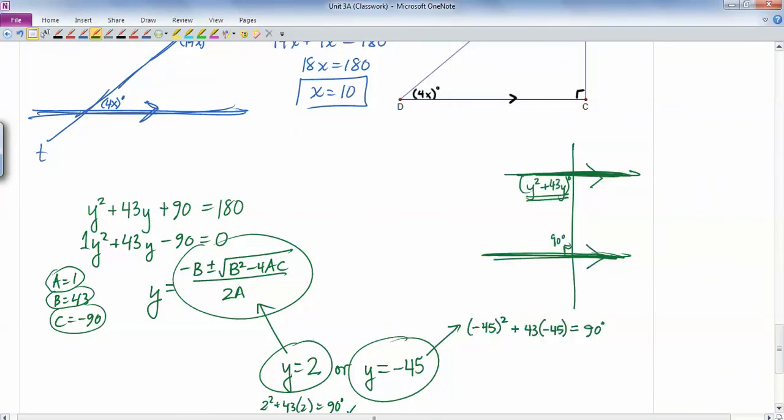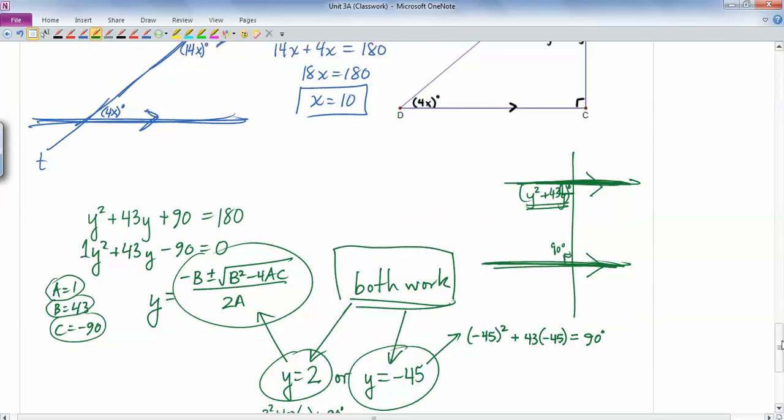So that actually means both of these answers work. So you actually get two different y values for this problem, and they both give you an angle of 90 degrees right there, which is okay. That's fine. If you get two answers that work, you get two answers that work.